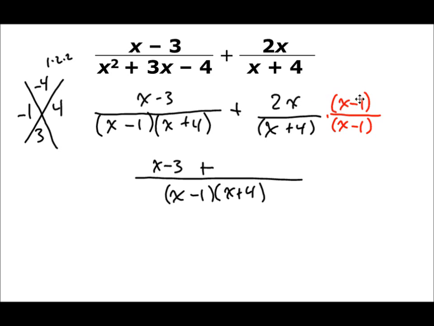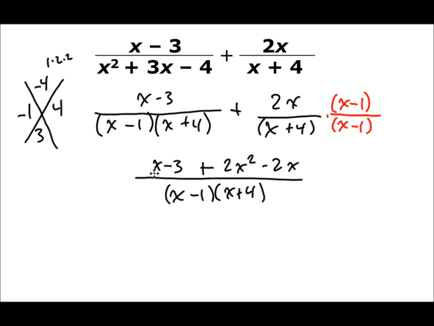So 2x times x minus 1, which is plus 2x squared, and then minus 2x. And the last thing I'm going to do is look across at my numerator and see if I've got any like terms, and I do. I've got a negative 2x and a positive x here, so I'm going to combine those.